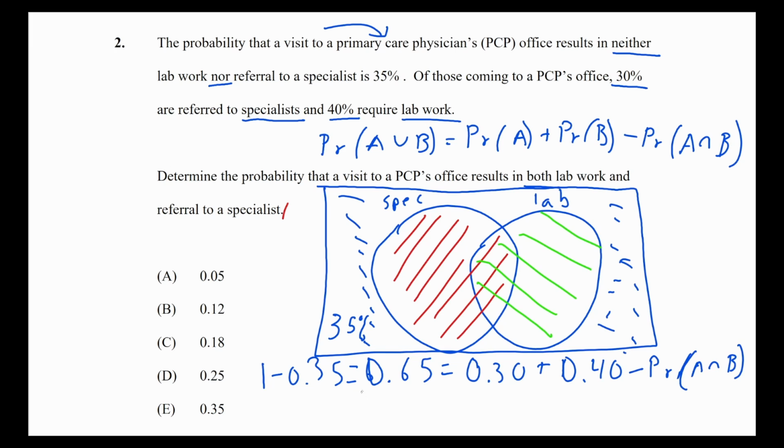Okay, so let's simplify this a little bit more. 0.65 is equal to 0.7 minus the probability of A intersection B. If we do a little bit of algebra, we find that the probability of the intersection, which is the probability that a person would require both lab work and a referral to a specialist, is going to be 0.05.